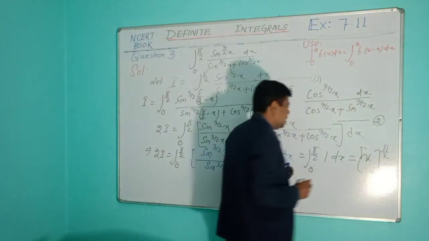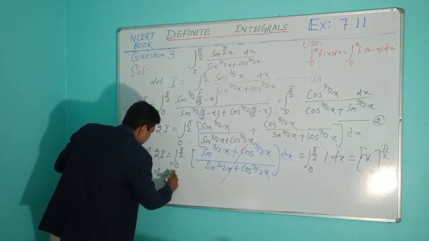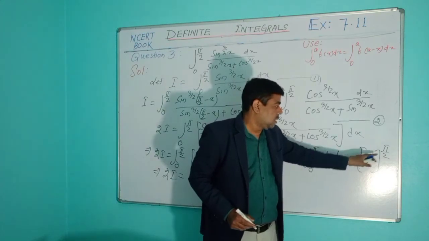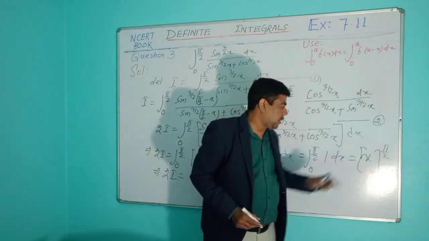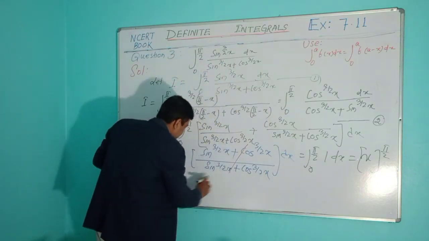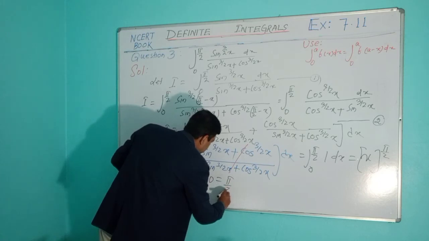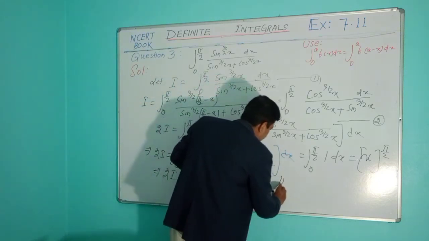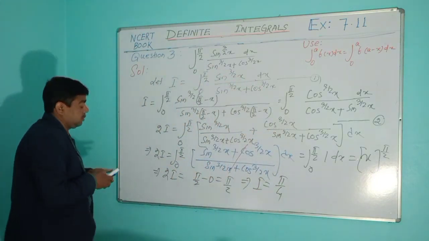Integration of dx is x, so that implies 2I is equal to how much? Understand? Now using the limits, in place of x we write pi by 2 minus 0, which is pi by 2. Hence I is equal to pi by 4, and this is the required value of the given integral.